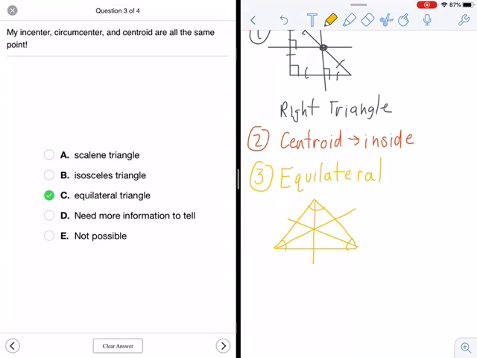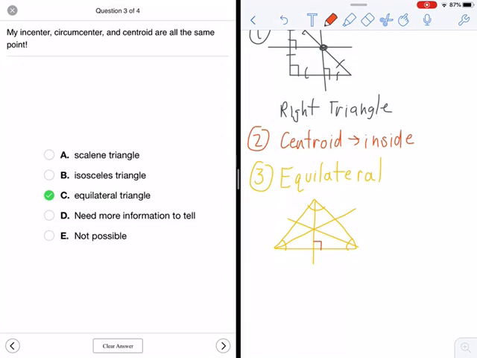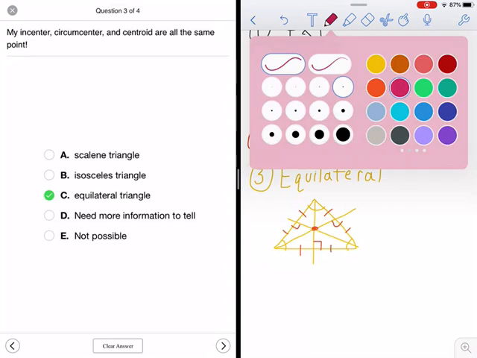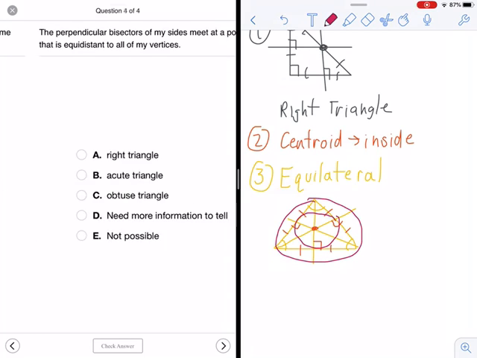The angle bisectors would be the same as the perpendicular bisectors, and that would force all those segments to be medians anyways. So you could draw a circle centered at that point on the inside that touches all the sides, on the outside that touches all the angles, and you can balance it right there. This is good review for the test anyways.